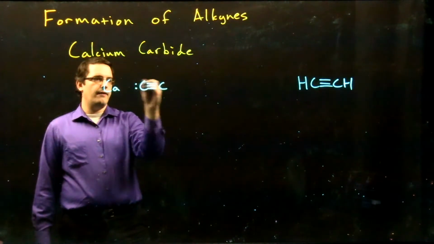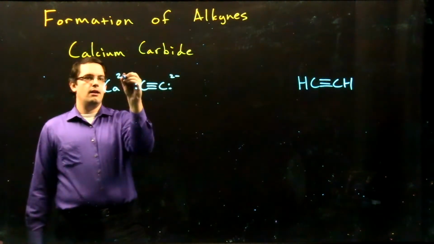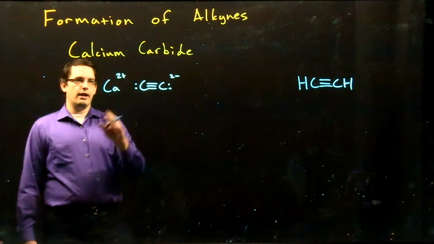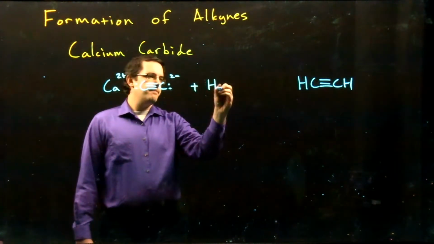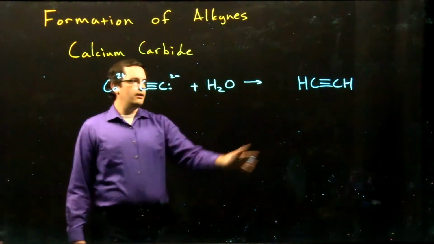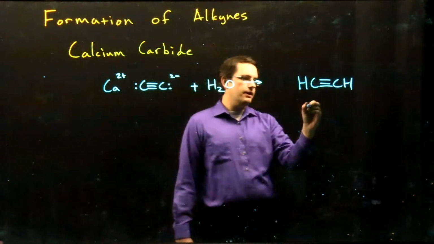Carbon's triple bonded together, so this is a -2 anion, and we have our +2 cation bound together in this ionic compound. And when we combine that with water, it can react and produce our acetylene as well as our calcium hydroxide.